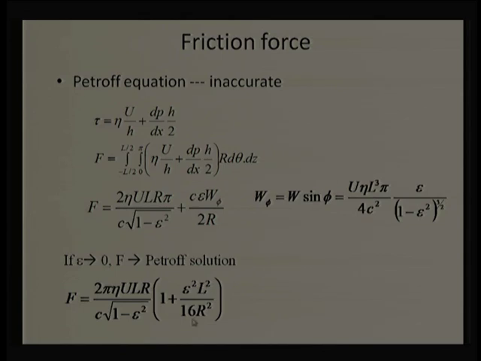So, if I assume 4r square is equal to d square, that means an L by d square term is coming here, and we are talking about the short bearing approximation. So, length may be equal to 0.25 times the diameter. This L by d square will turn out to be 0.25 square.